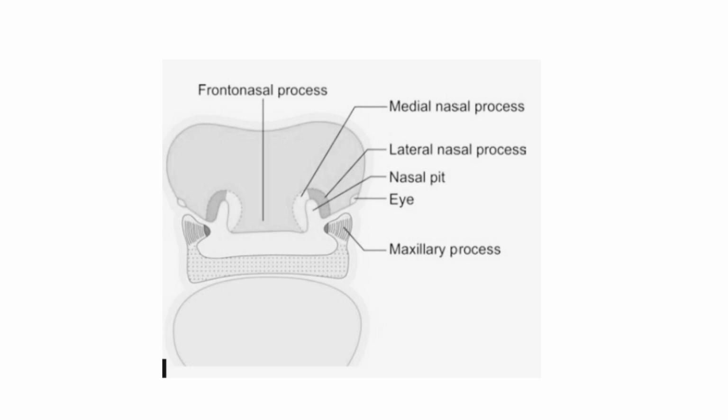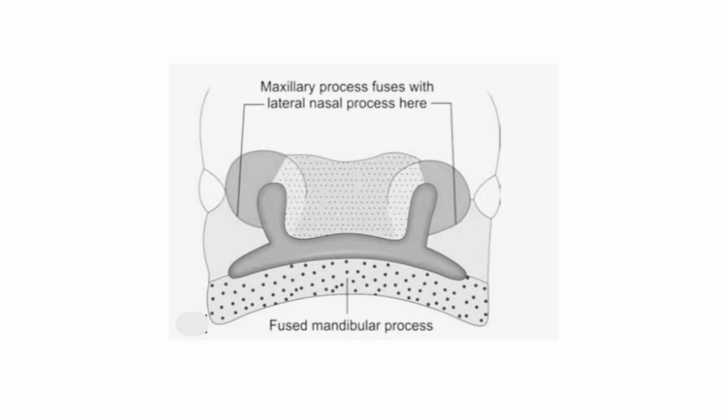Now moving ahead, the mandibular process which was present on either side started to come closer, growing medially, and ended up fusing in the midline, forming the lower jaw boundary, the lower margin of the stomodeum, and it also further forms the lower lip.